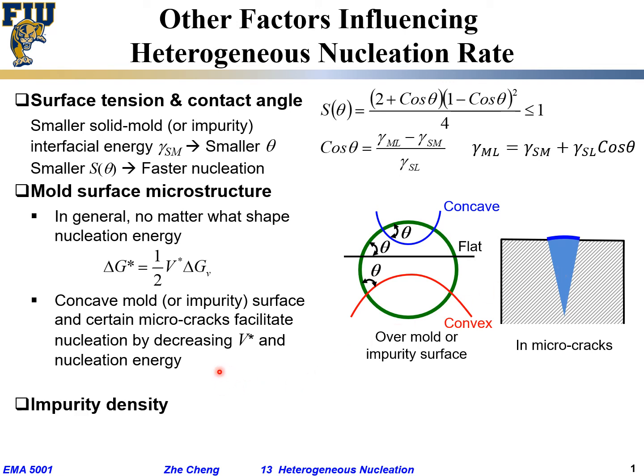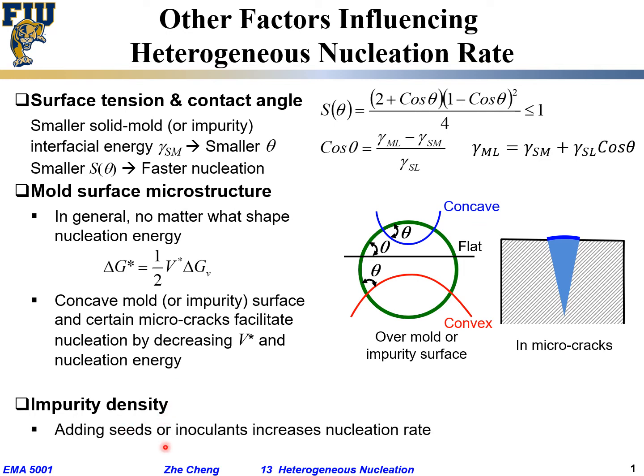Okay? And one final thing would be the so-called impurity density. If I have more cracks, of course, I have more what? You have more cracks, I have more nucleation sites. Make sense?